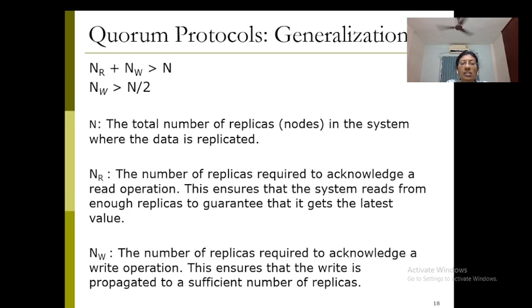NR is the number of replicas required to acknowledge a read operation. This ensures that the system reads from enough replicas to guarantee that it gets the latest value. NW refers to the number of replicas required to acknowledge a write operation. This ensures that the write is propagated to a sufficient number of replicas.